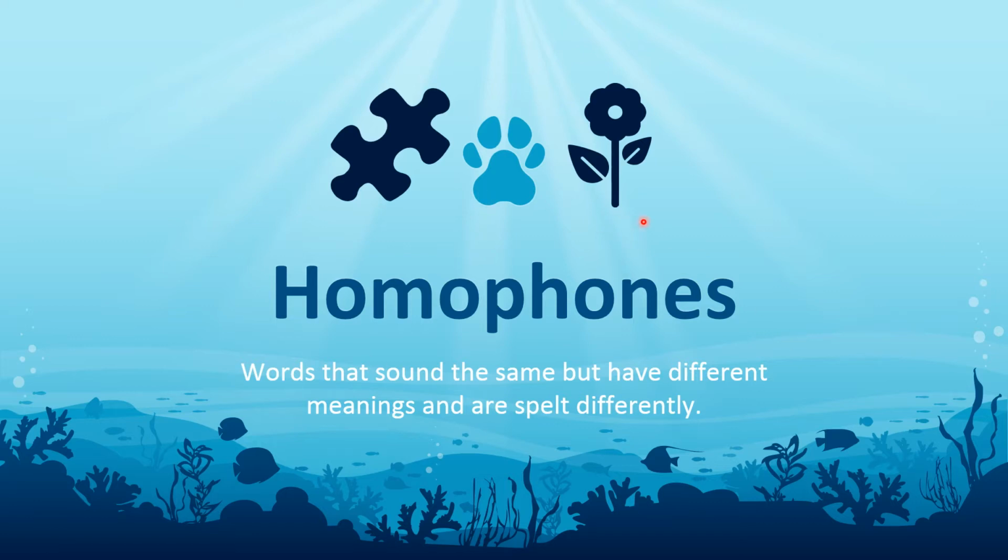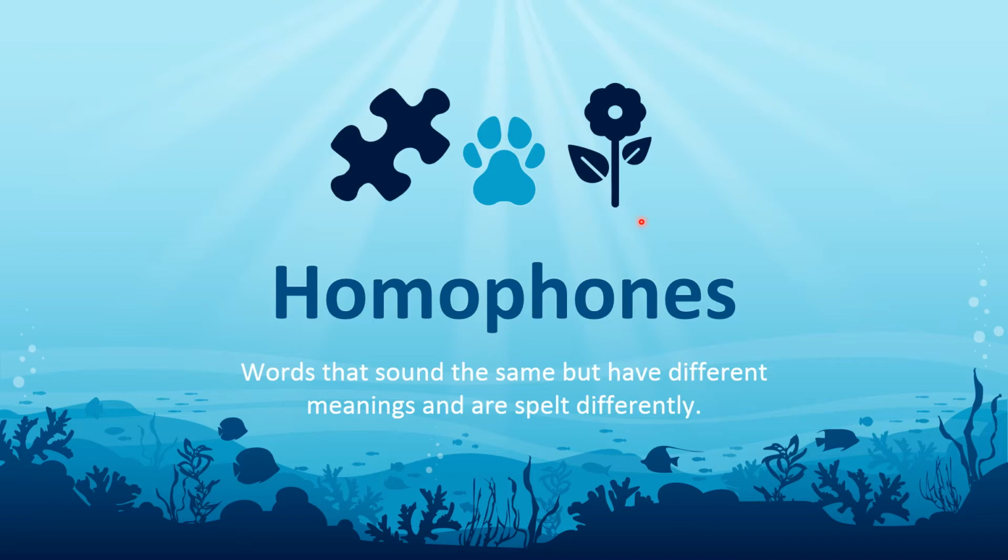Now, this particular flower is spelled F-L-O-W-E-R. These are the flowers that grow from the ground that people get given for Valentine's Day. But the other flower is a flower that you might have been using during baking during lockdown, and that's spelled F-L-O-U-R. So homophones are words that sound the same but have different meanings and are spelt differently.